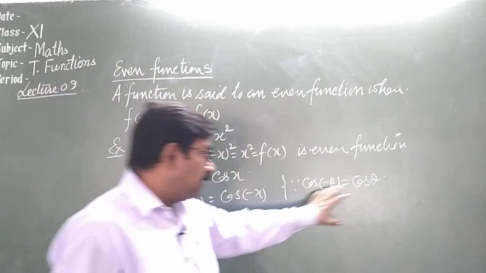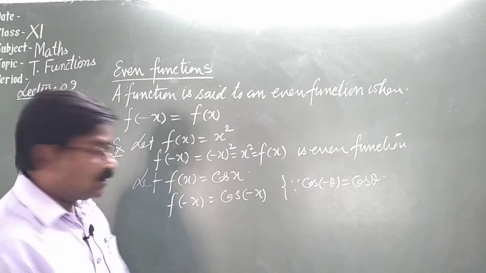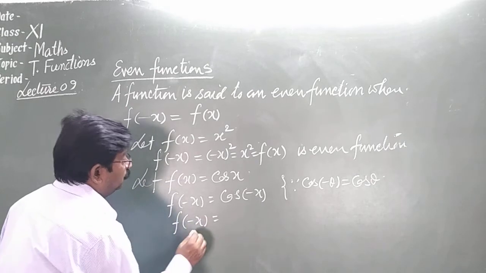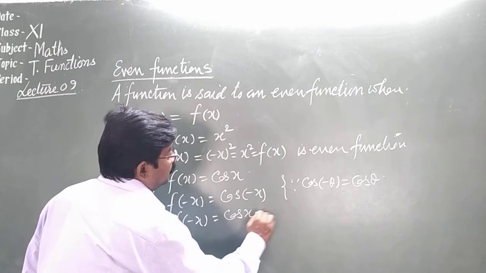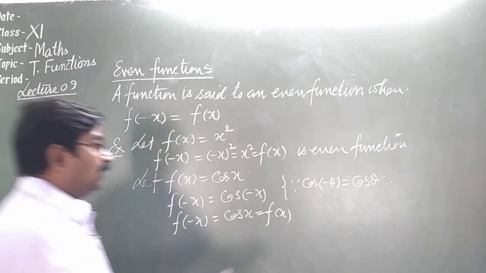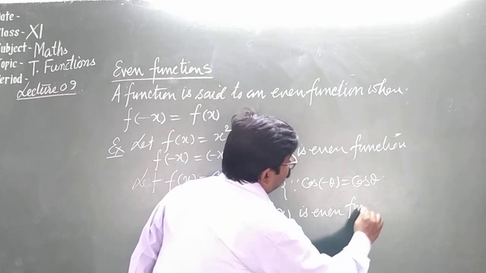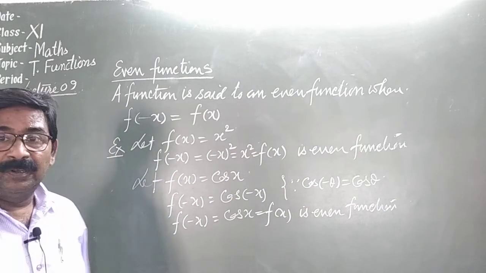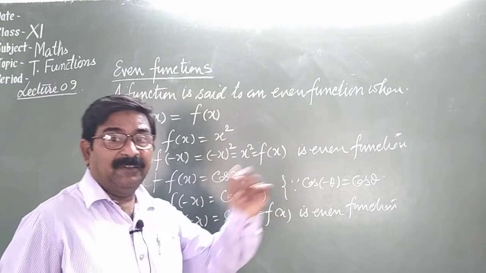So cos(-x) is equal to what? cos x. So f(-x) is equal to cos x, which is equal to f(x). We have assumed f(x) is cos x, which is an even function. Got it? So this kind of function is called an even function.